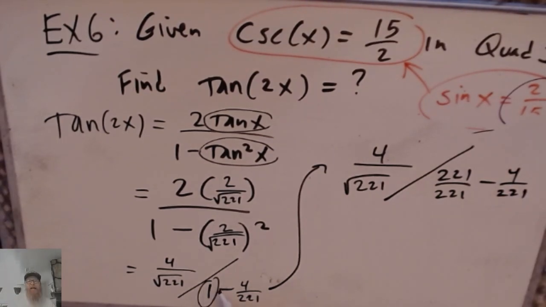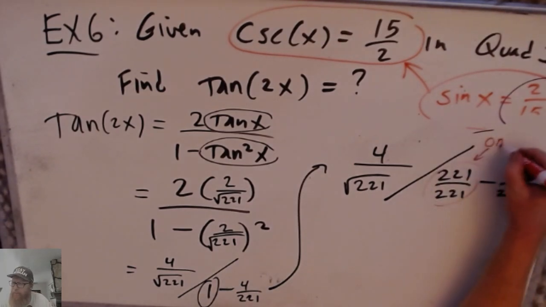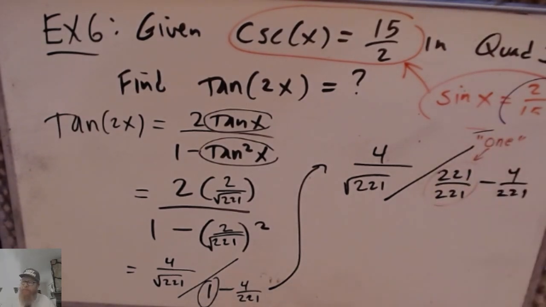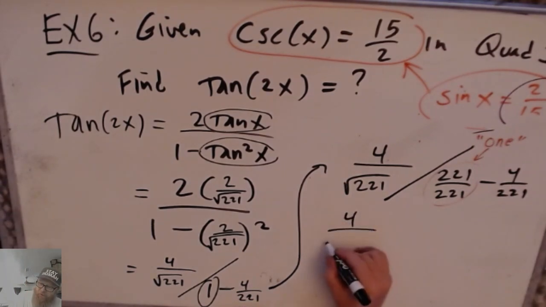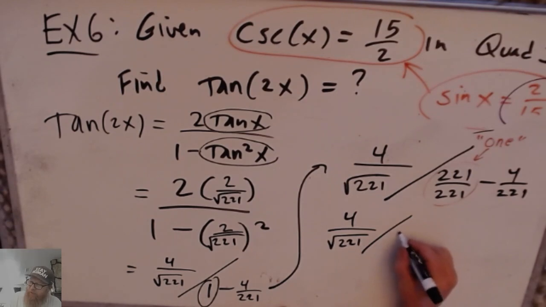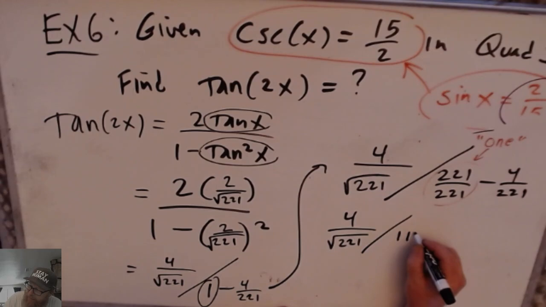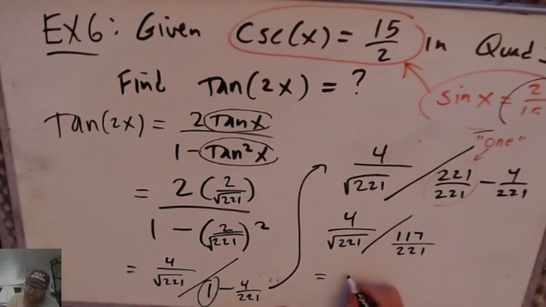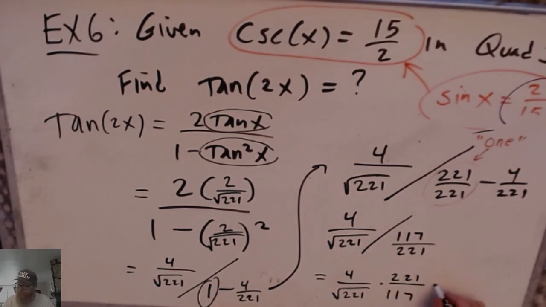I'm just rewriting my 1 as 221 over 221. So now I have 4 over the square root of 221 over 217 over 221. Reciprocate: 4 over the square root of 221 times 221 over 217.